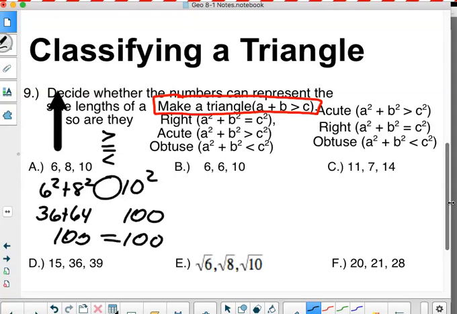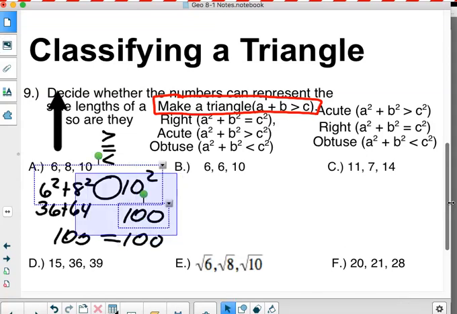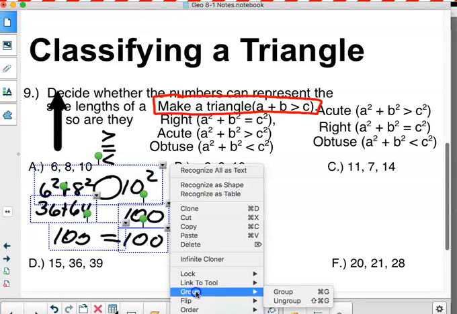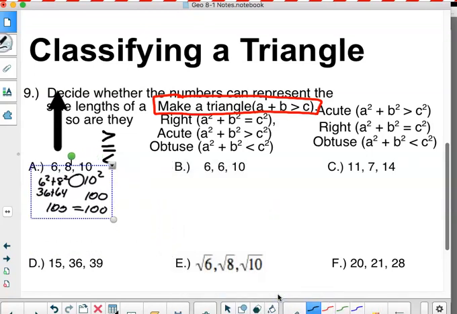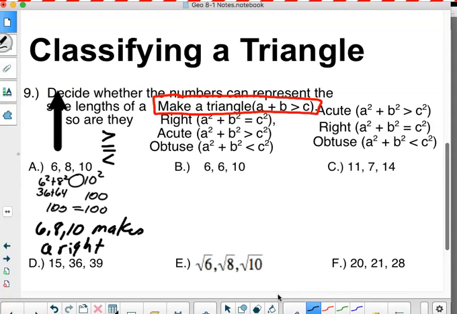So because they're equal, I've got a right triangle. And I'm using up a lot of space here, so I'm going to make this smaller so I can write my answer in. So 6, 8, 10 makes a right triangle. And incidentally, it's a Pythagorean triple.